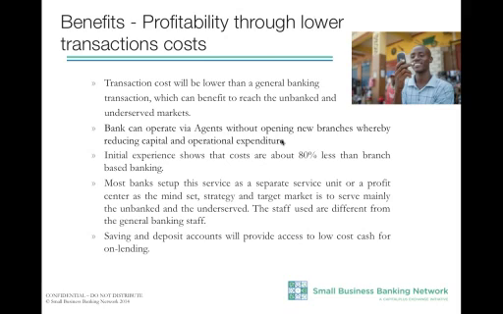So you should try and see the benefit of having an agent, or multiple agents, against having a branch in a specific area. Initial experience shows that you can save about 80% of your cost if you don't open a branch and have agents. So this is one area that you should really look at.